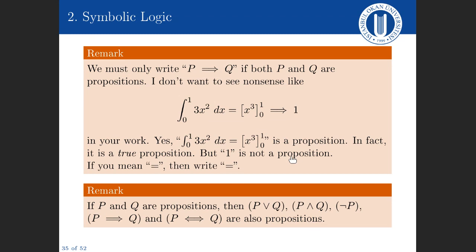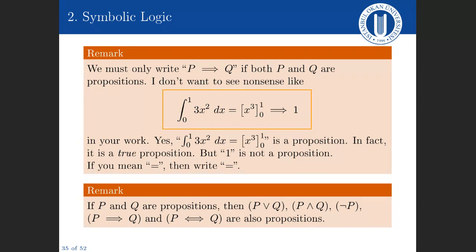Now, we must only write P implies Q if both P and Q are propositions. This statement, which I'm going to draw a box around, is nonsense. The first part, integral from 0 to 1, 3x squared dx is equal to square bracket x cubed between 0 and 1.